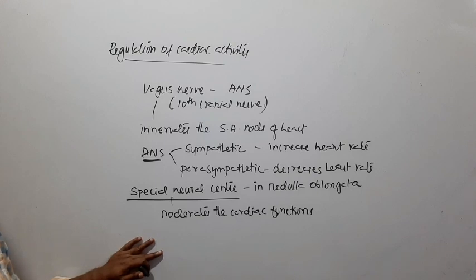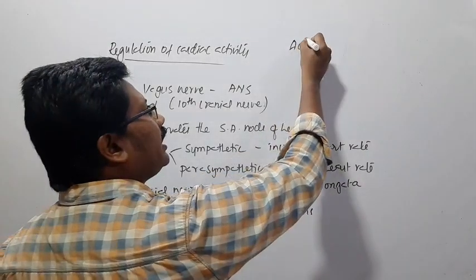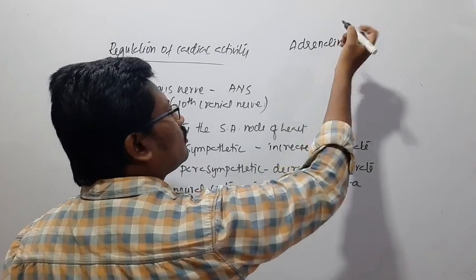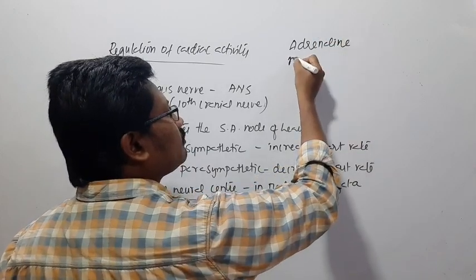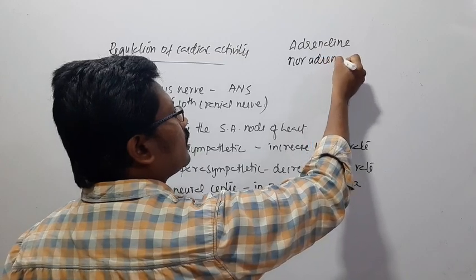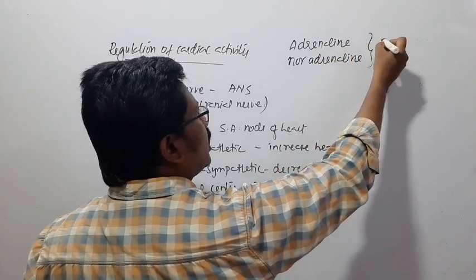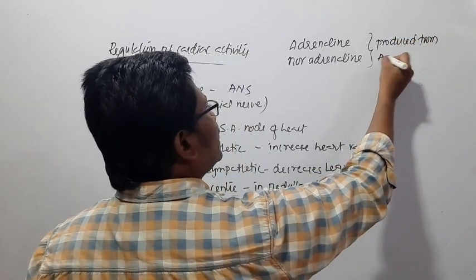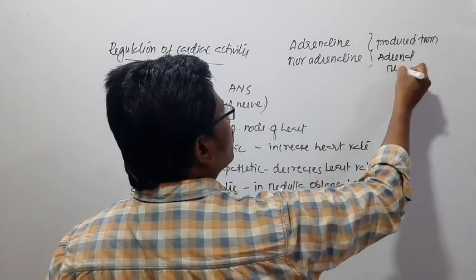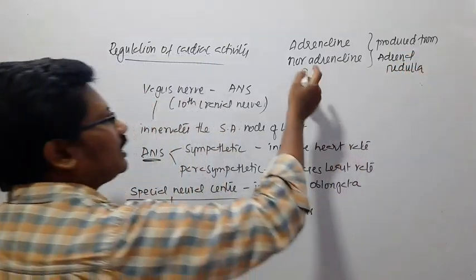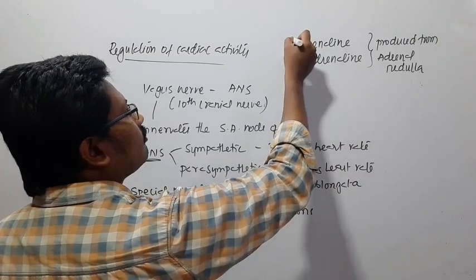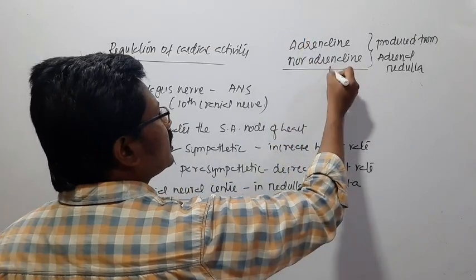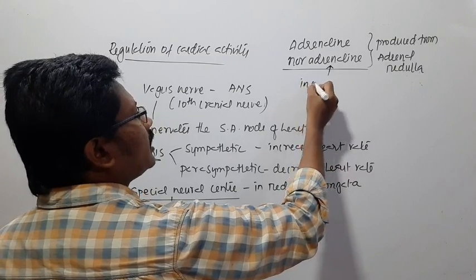So what are the different hormones involved in increasing the heart rate? Especially adrenaline, and one more hormone called noradrenaline, both of which are produced from the adrenal medulla. So these adrenaline and noradrenaline are responsible for increasing the heartbeat.